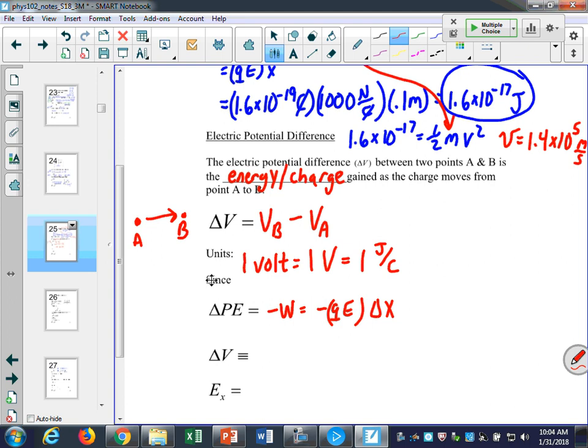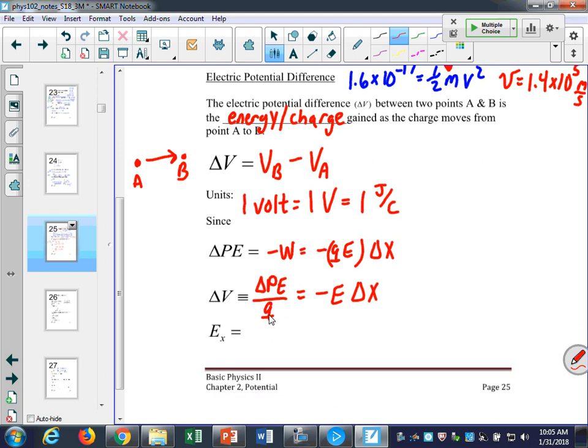So since that's true, and I define my change in potential as a change in energy per charge, I can also define this as negative E_x times delta x. This is just a little derivation, but I want to show you where this comes from.